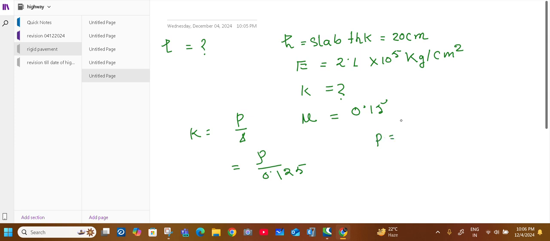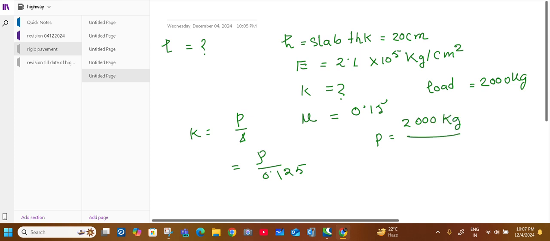P is the load, 2000 kg, so 2000 kg divided by pi by 4 into 75 square is equal to 0.453 kg per centimeter square.